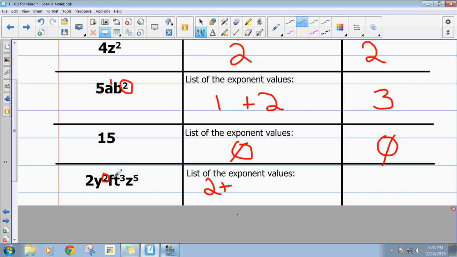Our f doesn't appear to have an exponent, but we know that there's a 1. We need to consider that. Our t has an exponent of 3, and our z has an exponent of 5. When we add those all up, we have a grand total of 11. The degree of this entire term is 11.